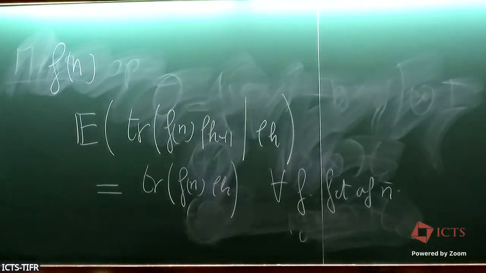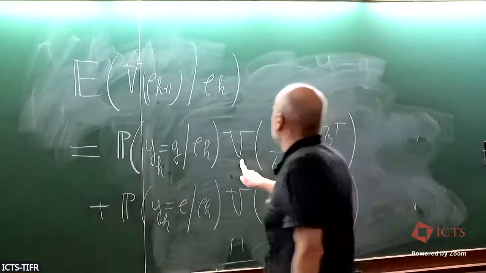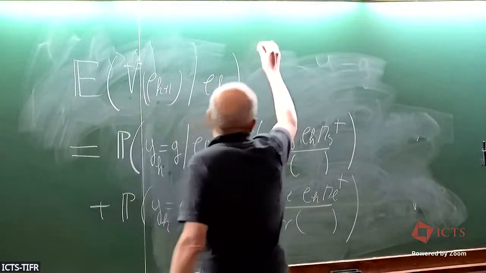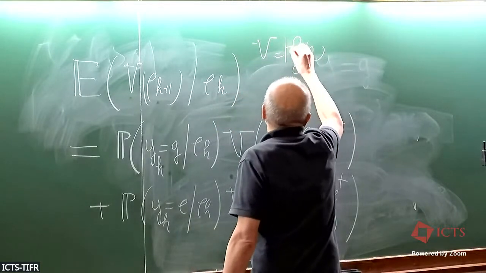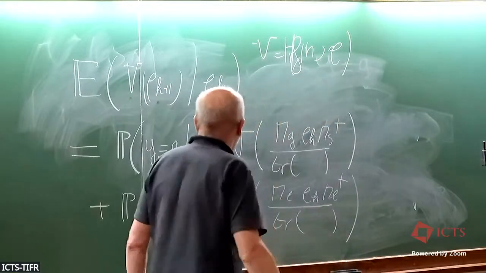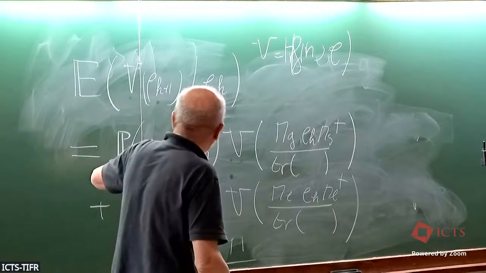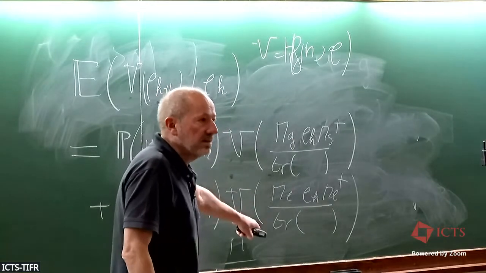Use this formula, but with V equal to f of n, the trace of f of n rho. And in this case, it is linear. So this probability is exactly this one. So it's cancelled, okay?